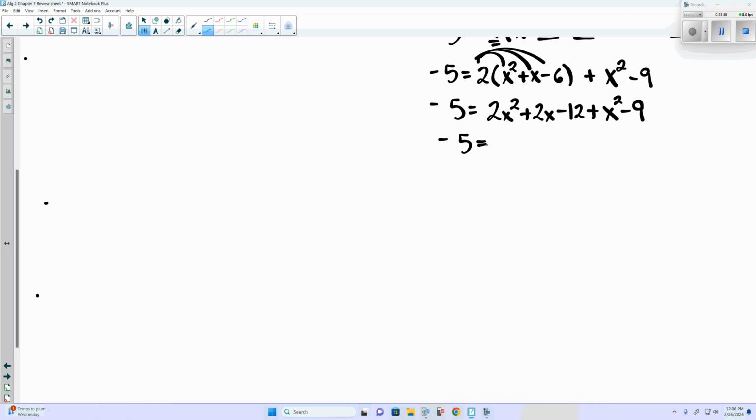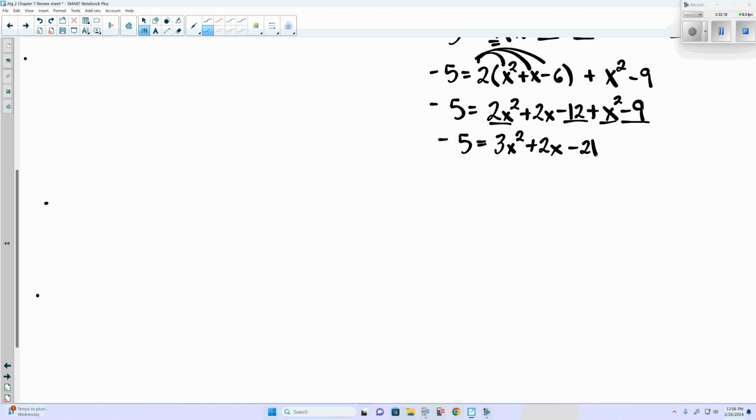Before we can start solving, we do have like terms. 2x squared and x squared is 3x squared. Our x term does not have any like terms, but our negative 12 and negative 9 are like terms. Negative 12 minus 9 would give us negative 21.